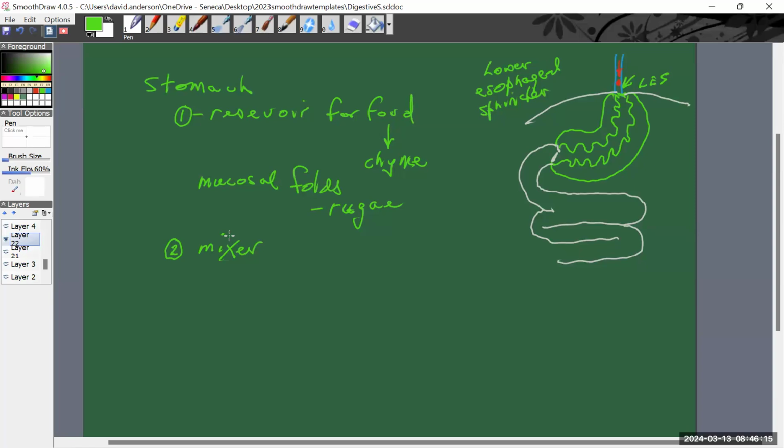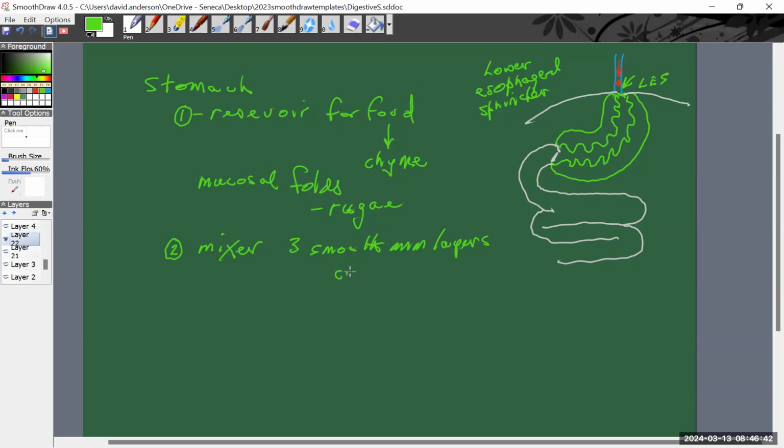Remember, we said that the general arrangement of mucosa, submucosa, muscularis, and serosa allowed for 2 smooth muscle layers. But this tissue, the stomach, is a mixer. So we're going to see 3 smooth muscle layers, which reflects its ability to mix.